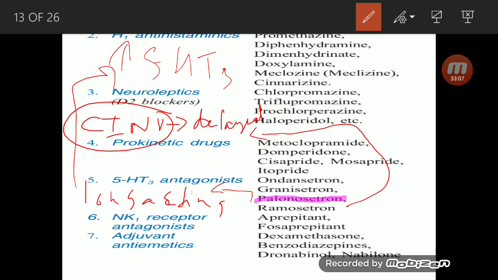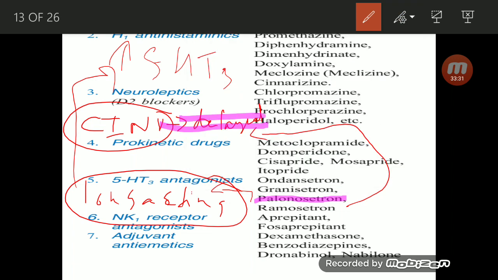So after chemotherapy is done, vomiting or emesis can occur after 3 to 4 days. Since this drug is very long lasting, its action can be shown after 2 to 3 days, so it can be used to block chemotherapy induced nausea and vomiting in delayed cases.